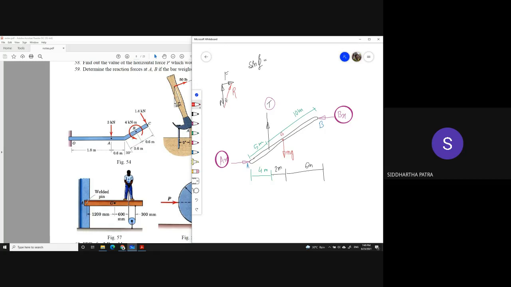So the angle with N should be the friction angle phi. So R sine phi is F, and R cos phi is N. And if sine phi is, let's say, 0.2, cos phi would be the square root of 1 minus 0.04, which is approximately 0.98. You can check, this is what the answer is going to be.